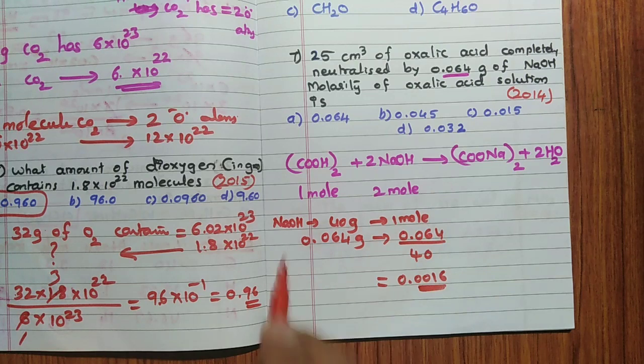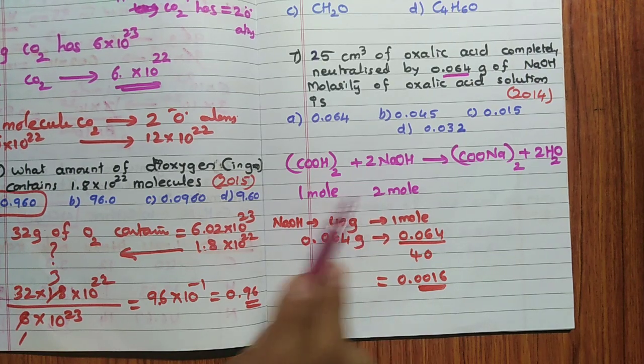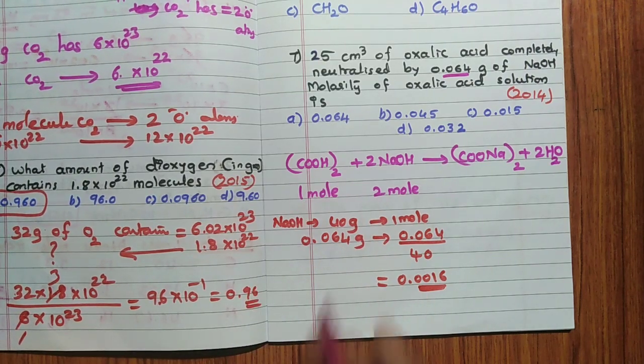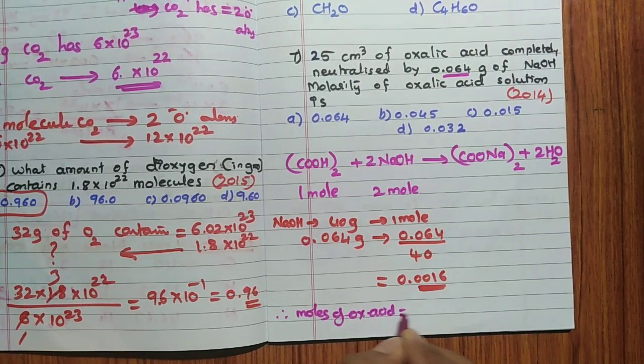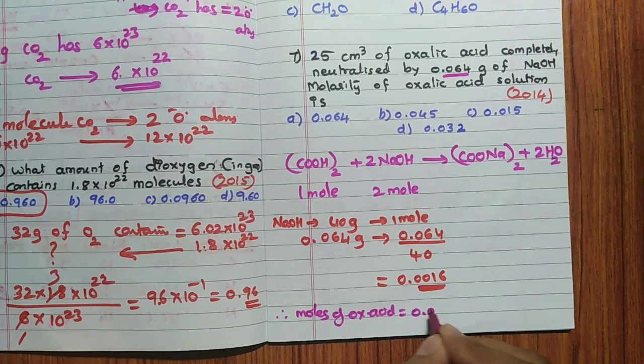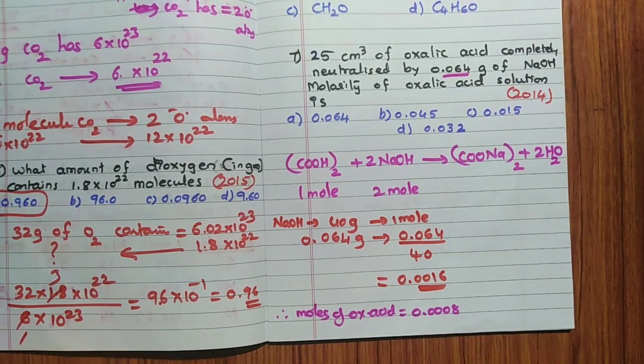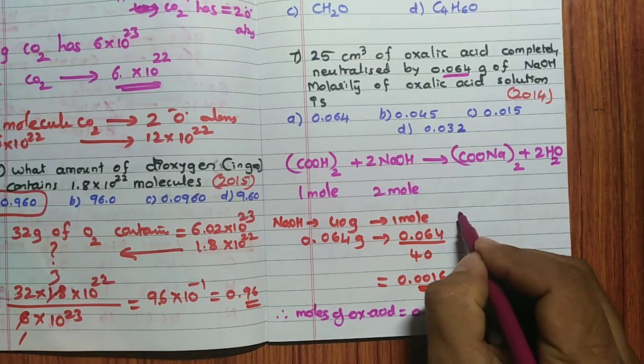Then what is the mole of oxalic acid? See, if this is the mole of sodium hydroxide, this divided by 2 is this. Therefore, moles of oxalic acid is equal to 0.0016 divided by 2, that is 0.0008. Correct? Now calculate molarity.